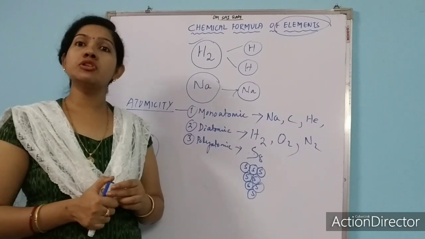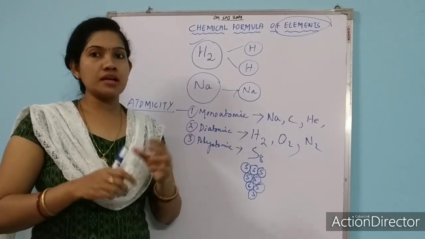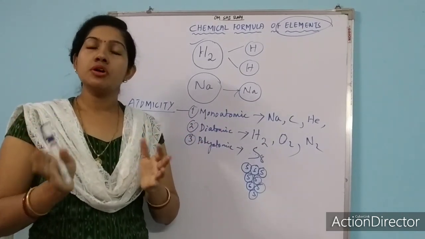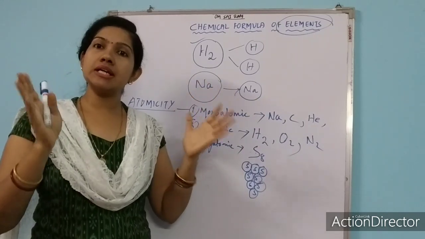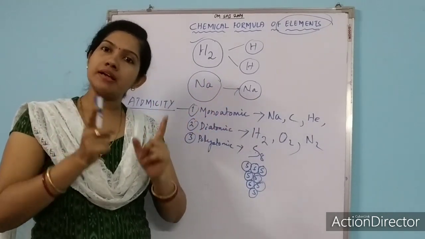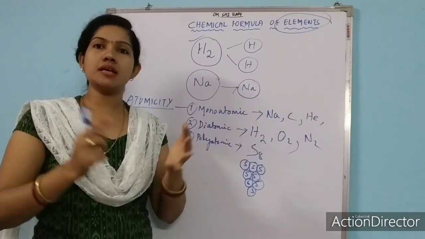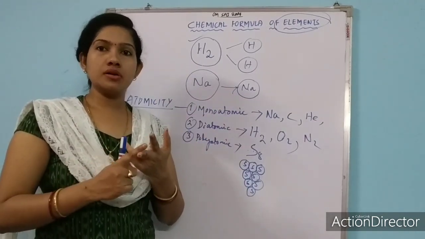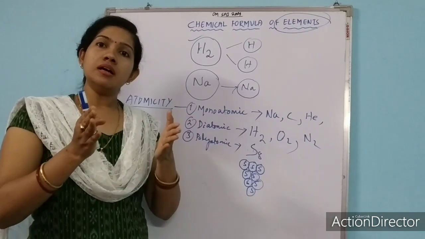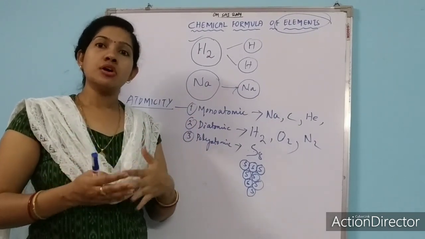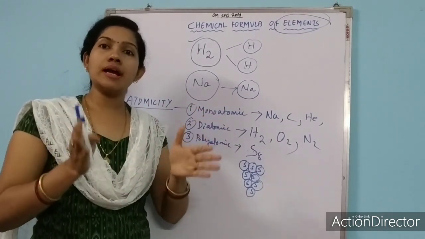But that does not happen with noble gases. Noble gases are a special kind of elements which can exist independently in nature as single atoms. That's why they are categorized under noble gases, like xenon, krypton, neon, argon. These are the noble gases which are monoatomic.